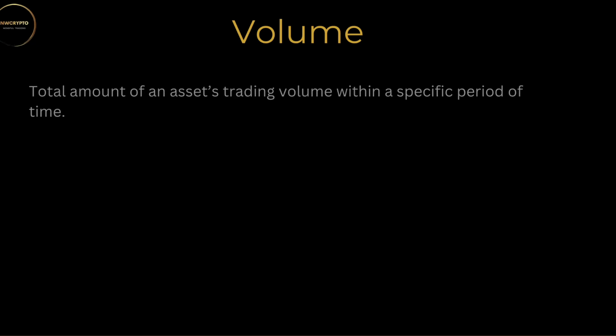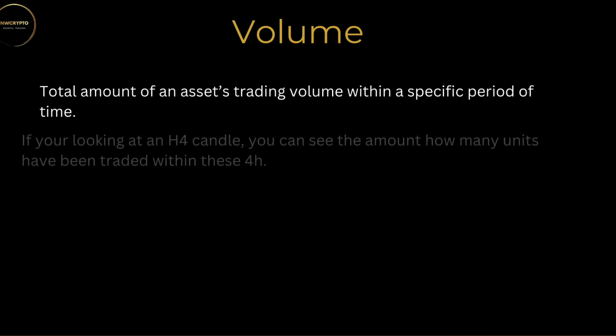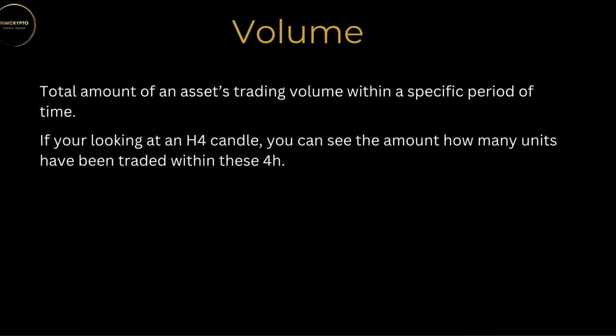Now moving to the volume. The volume shows something similar but different in a very, very important way. The volume doesn't give us the total amount of open contracts right now. The volume shows us how much of an asset has been trading within a specific time frame. Just imagine we're looking at the 4-hour candle and we're looking at the volume of this 4-hour candle.